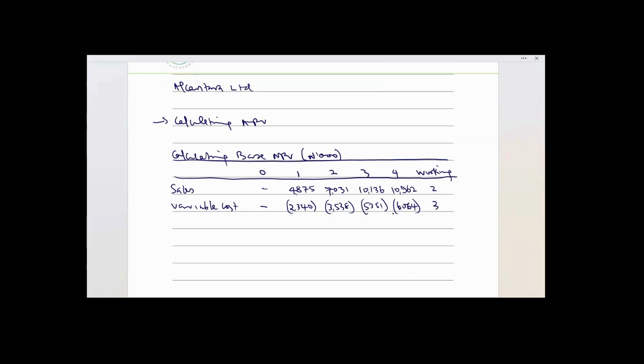So let's move on. After variable costs, the next item you are told is that in the first year, fixed overhead cost will be 3,750 naira, of which 60% are centrally allocated overheads.